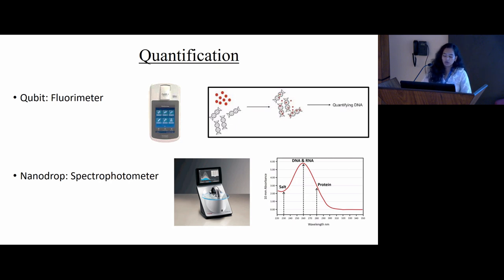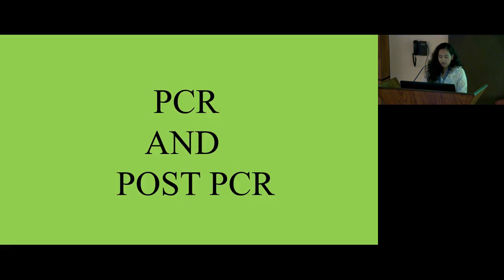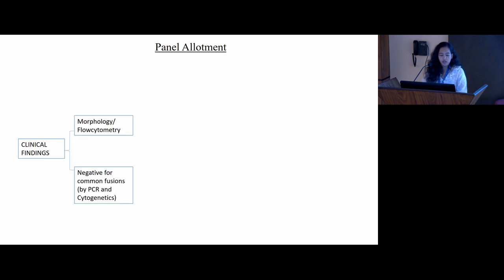Now the next area is PCR and post-PCR. When a sample is received in the laboratory with an NGS requisition, first the clinical findings of the sample have to be screened. Later flow and morphology findings, along with cytogenetic findings, are to be screened.